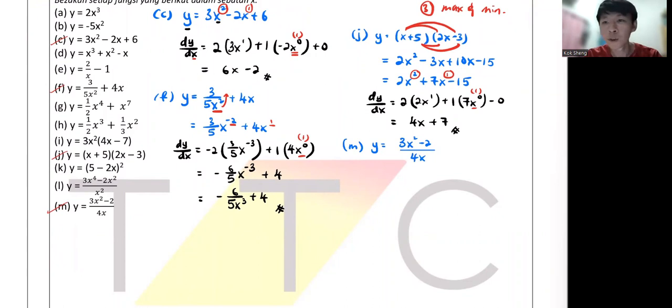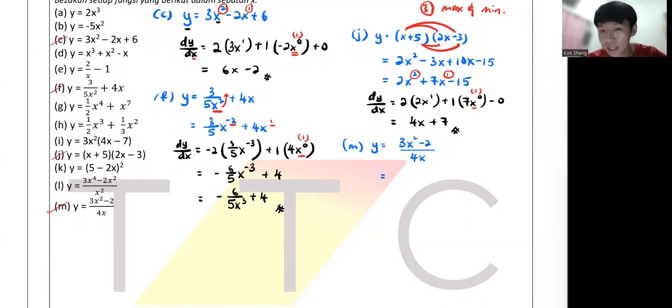Okay, so one more here, m. For the m here, you can see again, the x needs to be brought on top, right? Then later we're using the power of x to differentiate. So from here, I will show you the other way, because if you bring the x on top here, there's nothing wrong. Same answer. I just show you another way, which is instead of bringing the x on top, we can choose to divide separately.